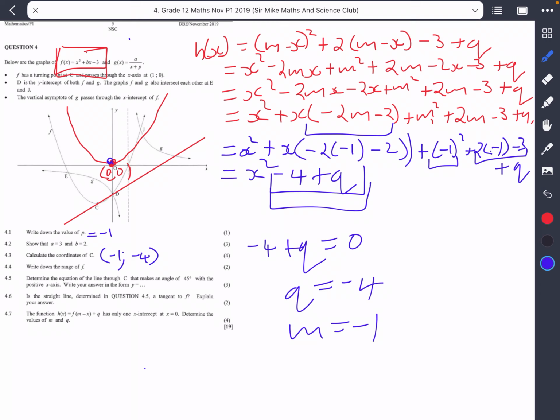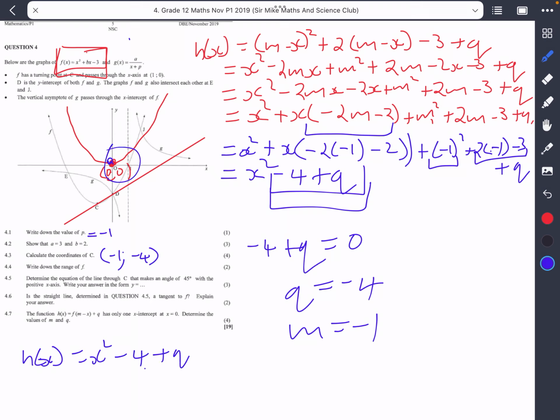Now, was there another way you could have found that? Well, yeah, there is also another way. So let me just show you the other way. Now we know that h of x is equal to x squared minus 4 plus q.